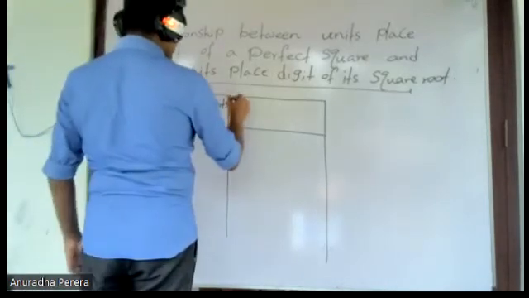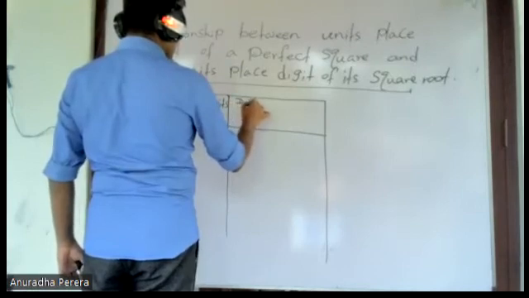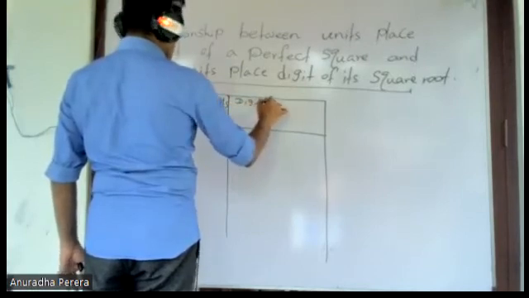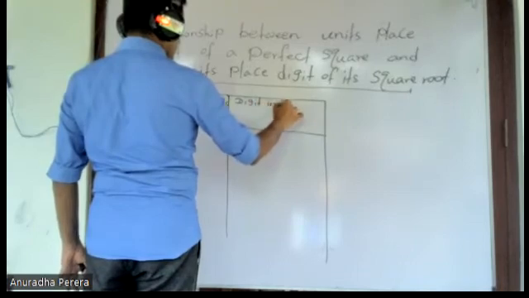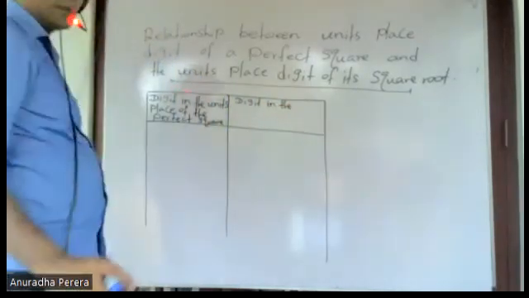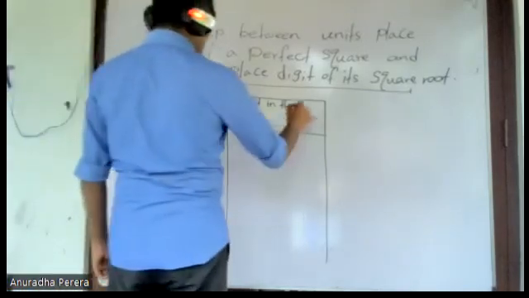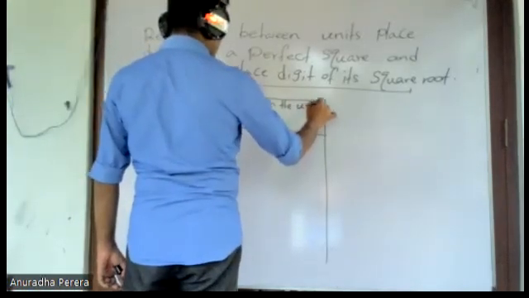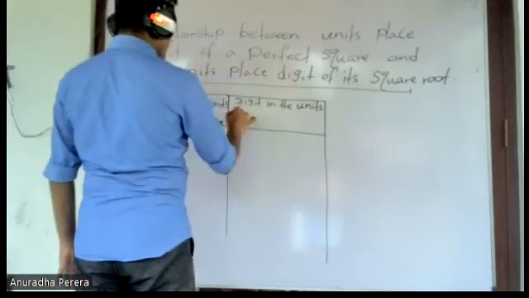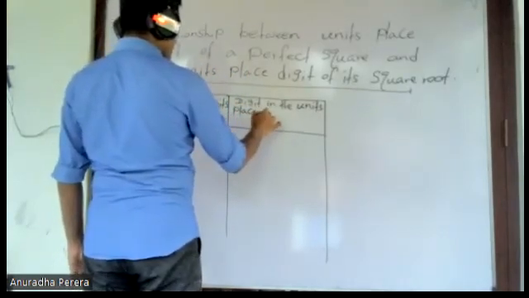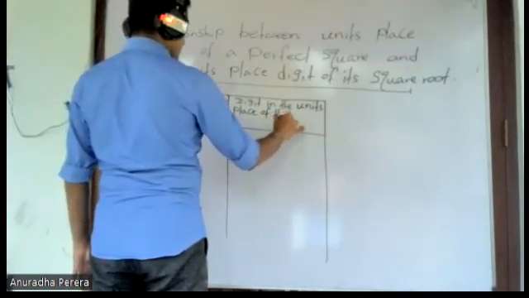Then digit in the unit place of the square root.